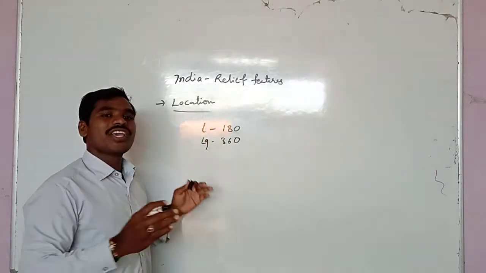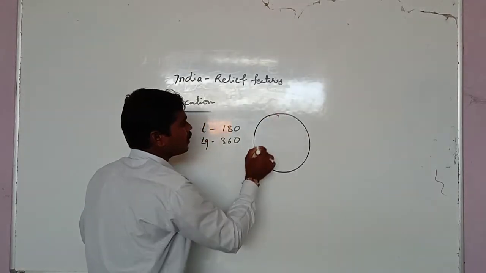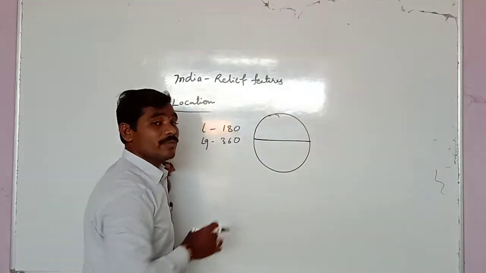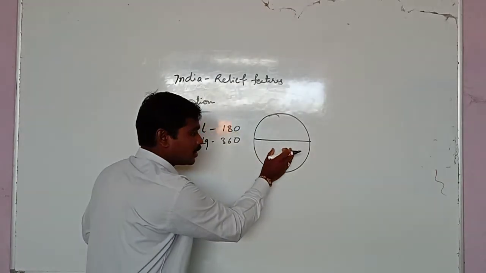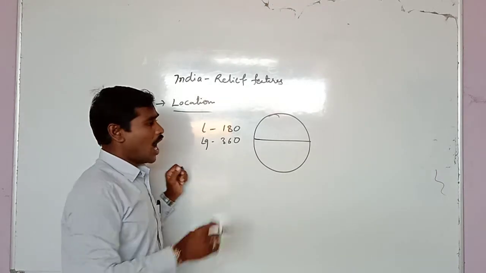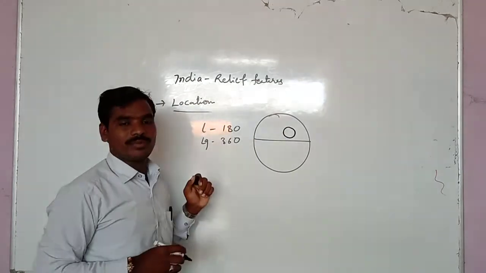For example, what is the location of our India? On the earth, the upper part is called the northern hemisphere and the lower part of the earth is called the southern hemisphere. Our India is located in the northern hemisphere.